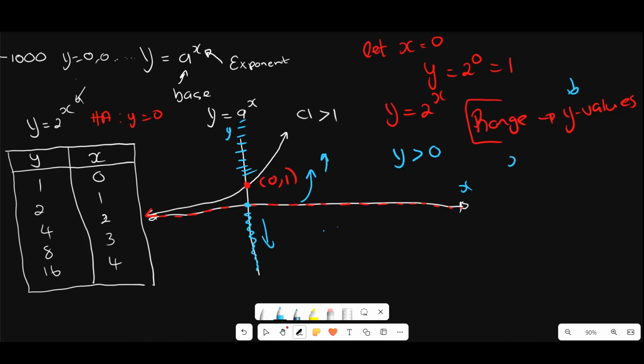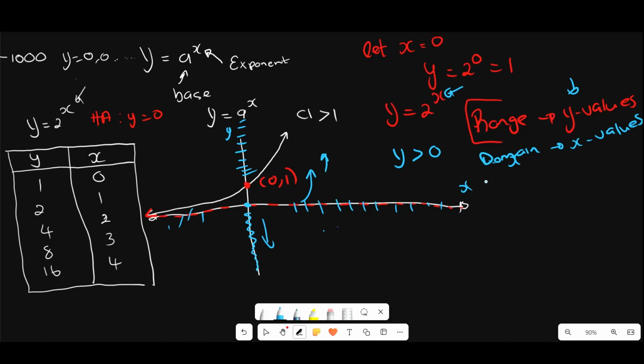And then my domain. My domain are x values, of course, the x values on the graph. All the x values are on the graph. Any x value that you put there will produce a value, so there is no value of x that is excluded.